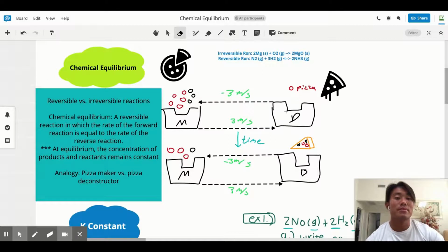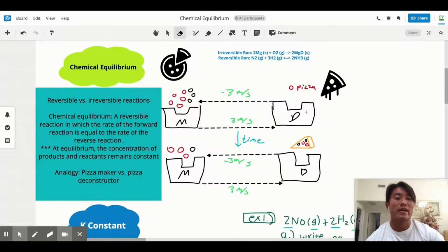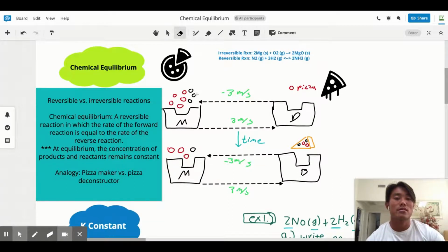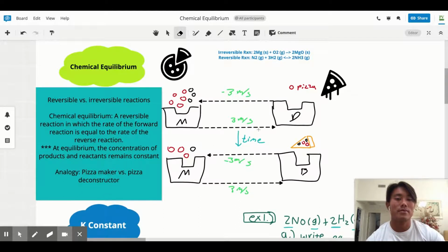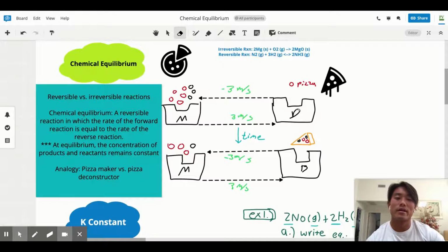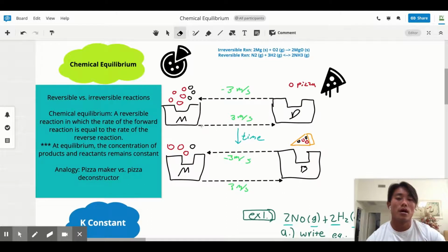And once I make some pizza, on the right-hand side, the pizza automatically gets turned back into the starting ingredients, right? So you can see this kind of cycle that's going to happen here. I'll make pizza. As soon as I make pizza on the right-hand side, it's going to deconstruct the pizza back to the ingredients. And notice how going to the right, so making pizza, is the same rate as me going to the left, right?